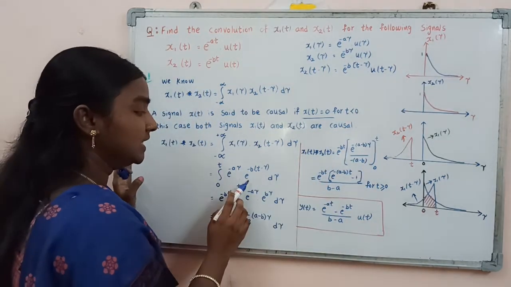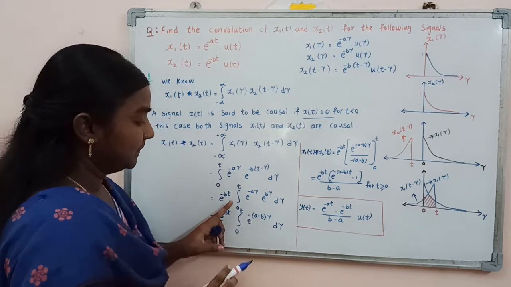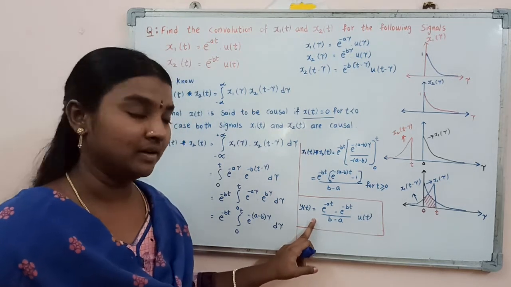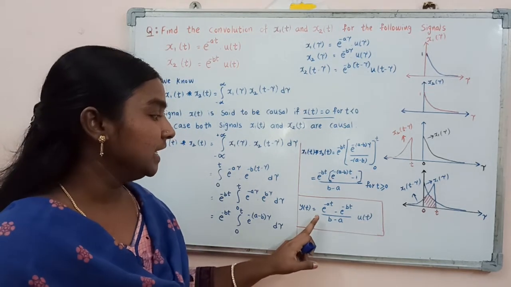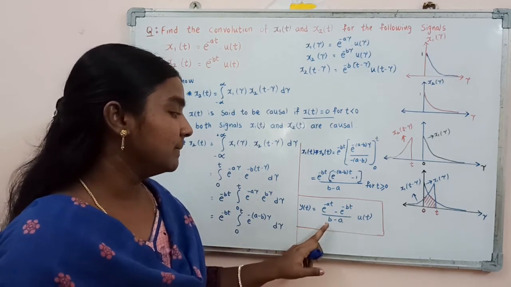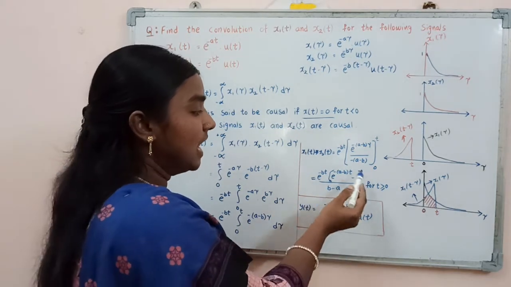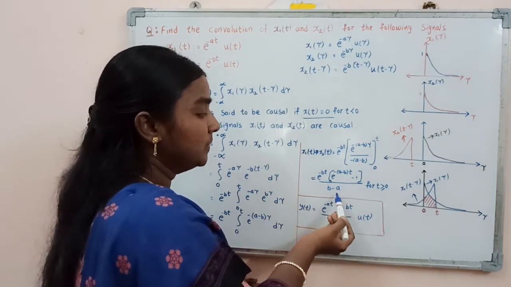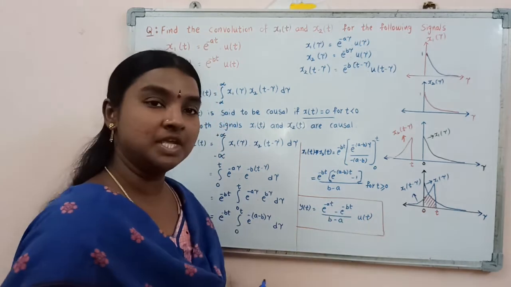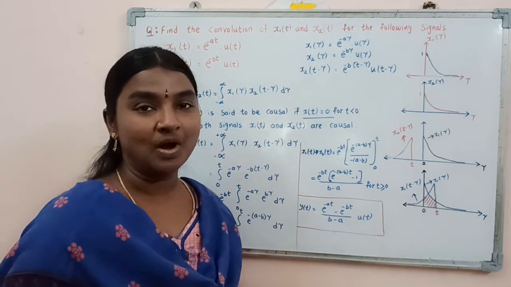By considering these exponential expressions and simplifying this integration, this is the output we find. y of t is equal to e power minus at minus e power minus bt divided by b minus a into u of t. This is the output signal we find for t greater than or equal to 0. That is why we are multiplying the output signal with u of t.